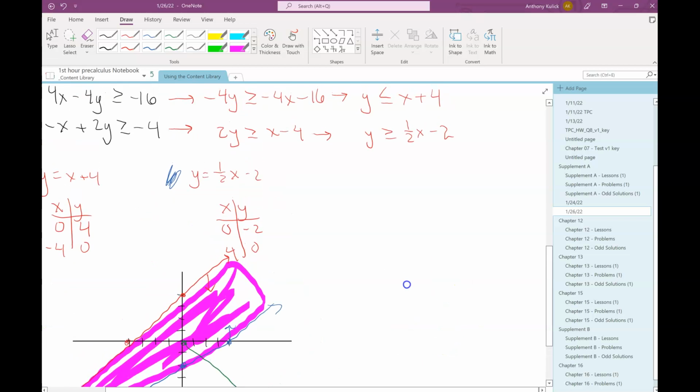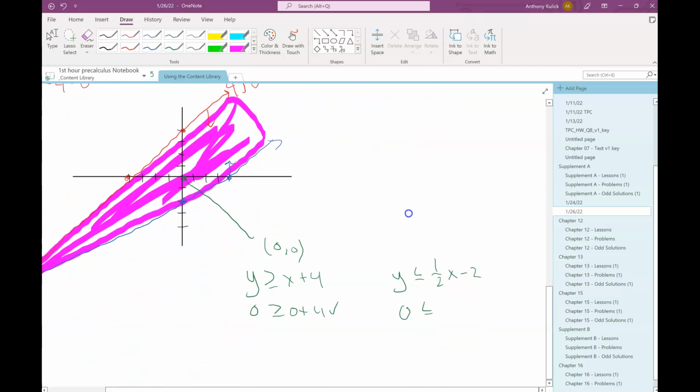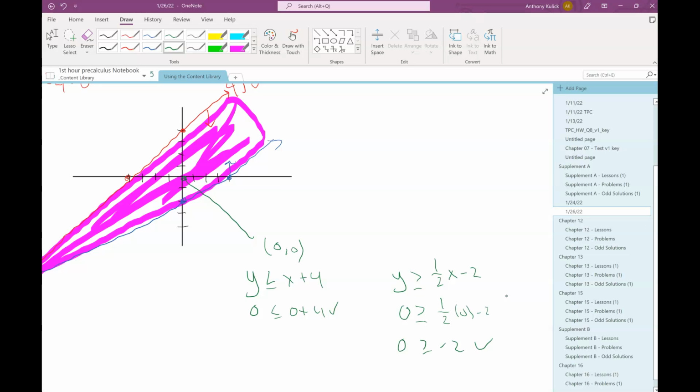Oh, wrong direction. Which makes a lot of sense because 0 isn't greater than 4. And I get -2 here is less than 0. So that feels pretty good that that's the correct answer there, right?